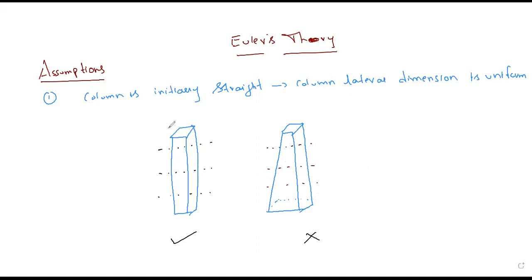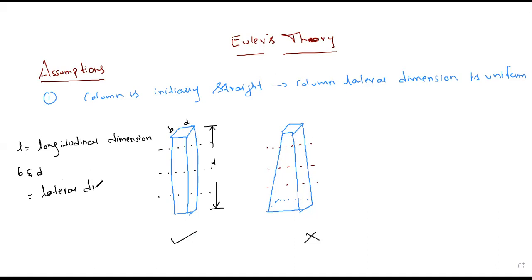Okay, so this B, D, L. Okay, L is equal to longitudinal dimension. ఎందుకంటే చాలా మందికి తెలియదు what do you mean lateral dimension అంటే. B and D are lateral dimensions.